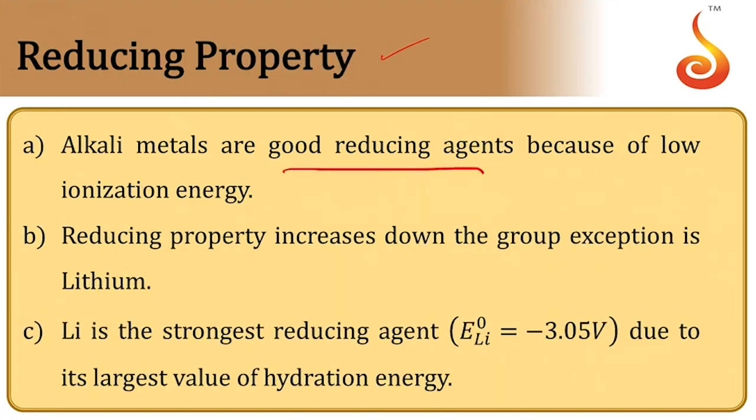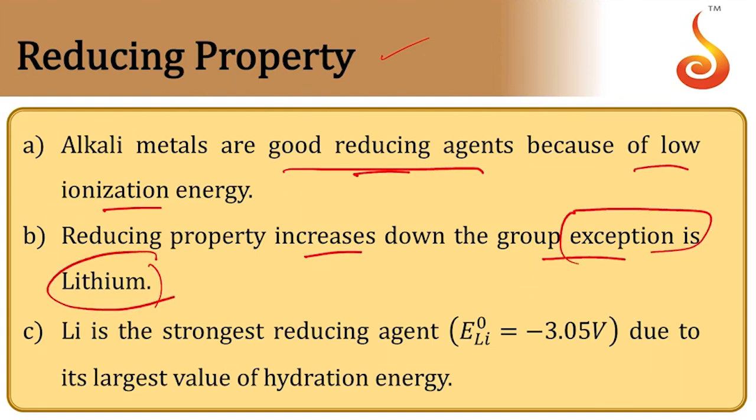Then comes reducing property. Alkali metals are very good reducing agents because of their low ionization energies. They can lose electrons easily, and therefore they are very good reducing agents. Reducing property increases down the group. And here the exception is lithium. Lithium has higher reducing property.